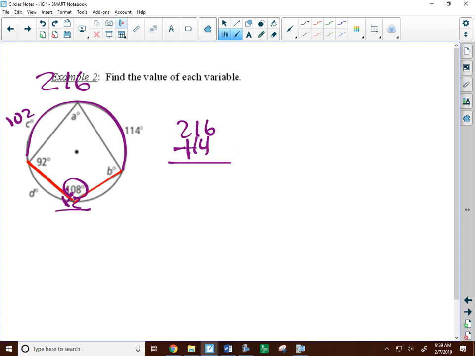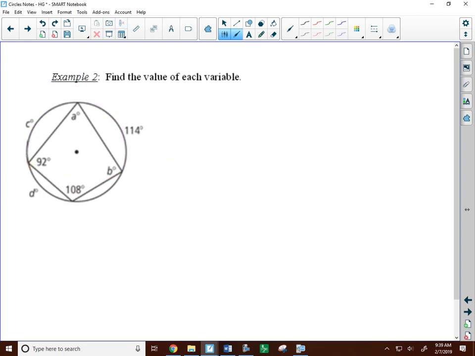I'm going to clear it off again, but we're going to do the same thing for D. So I'm going to clear it off here. For B, it's inscribed to the C and the D. We just found this was 102. Sorry, we're finding D here. By the way, I could have tried to use A, because A does incorporate D, but we don't have this arc.